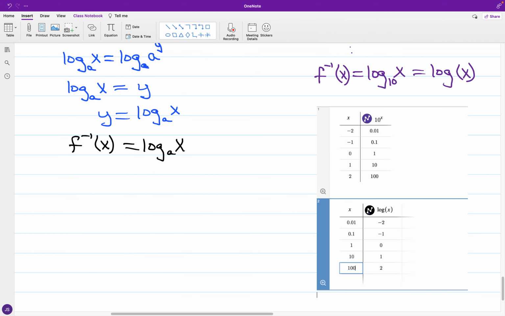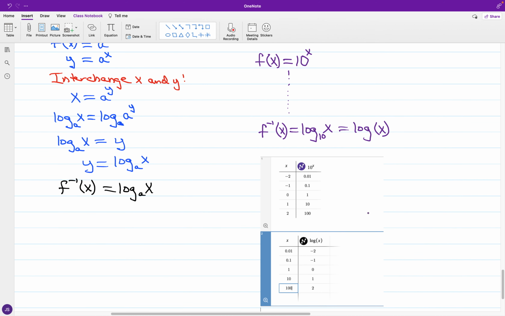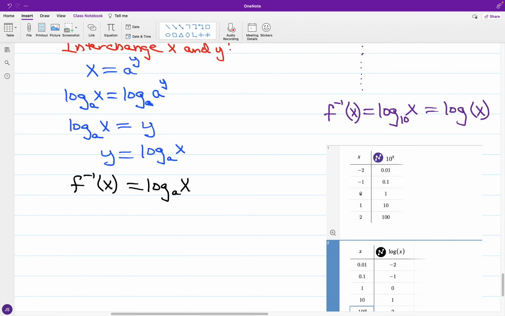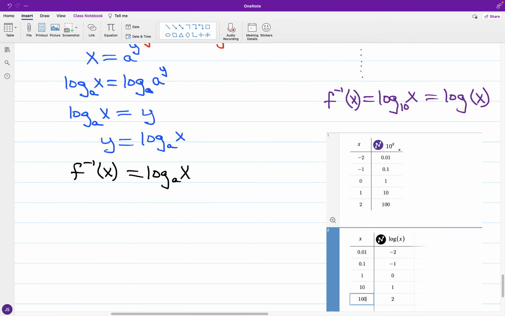And again, just for the chart, you had just comparisons of values. So you have like x and 10 to the x: x at negative 2, 10 to the negative 2 is 0.01, x at negative 1, we have 10 to the negative 1 is 0.1. If x is 0, 10 to the 0 is 1. And we have x at 1, you have 10 to the first is 10. X at 2, we have that y is going to be 10 squared, which will be 100.